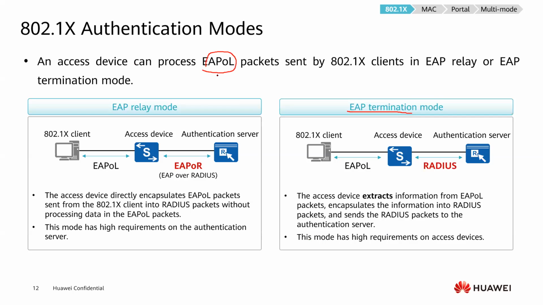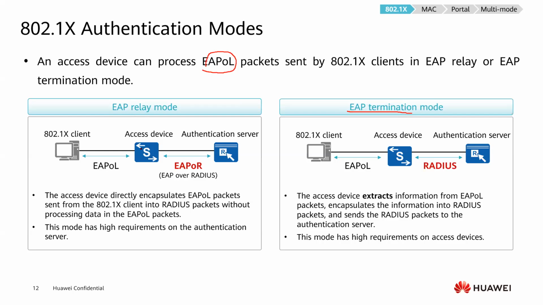So it will use this kind of packet to contain the user's identification information. For how the access device processes the EAP over LAN packet, there are two kinds of methods. So we separate the modes into two. One is the EAP relay.